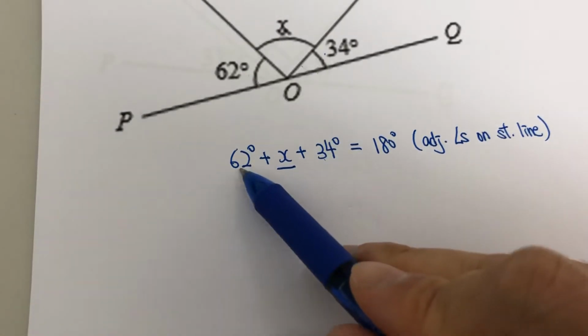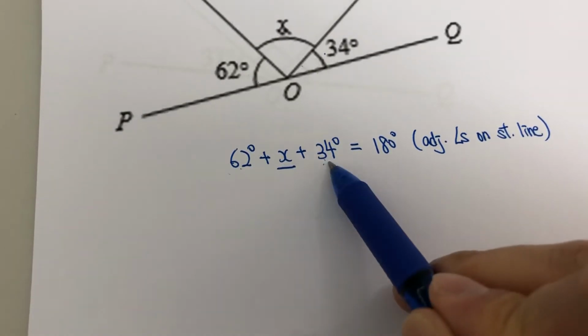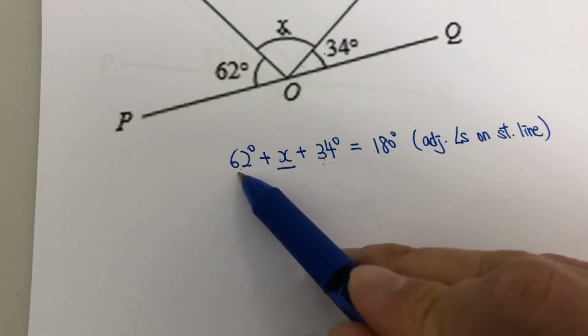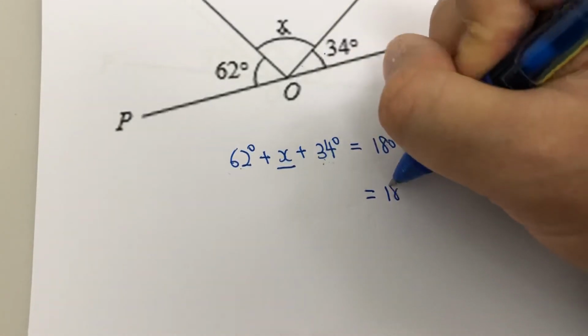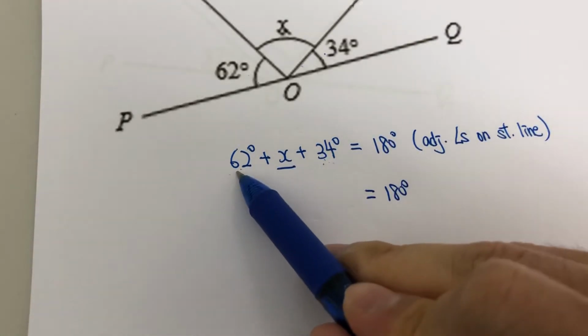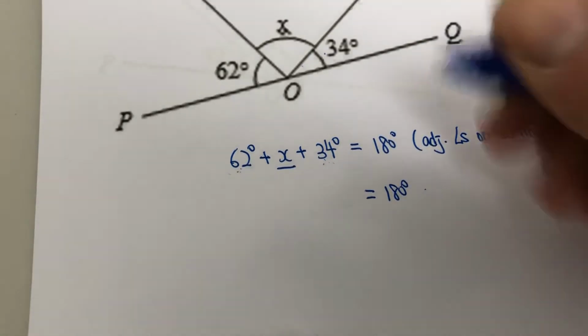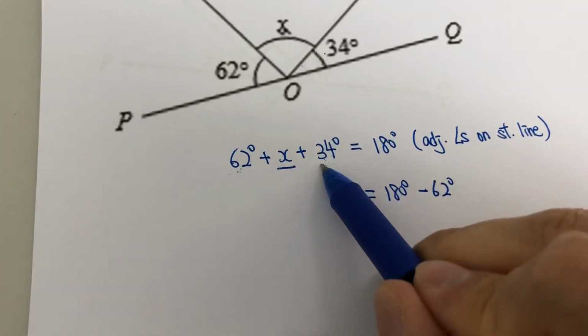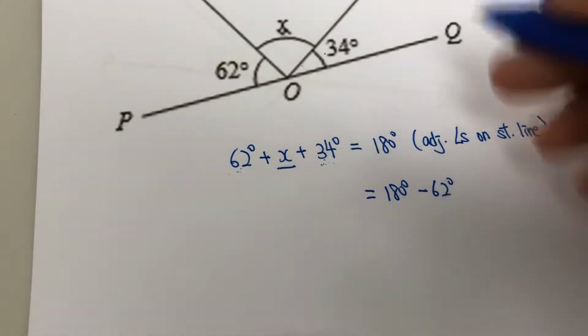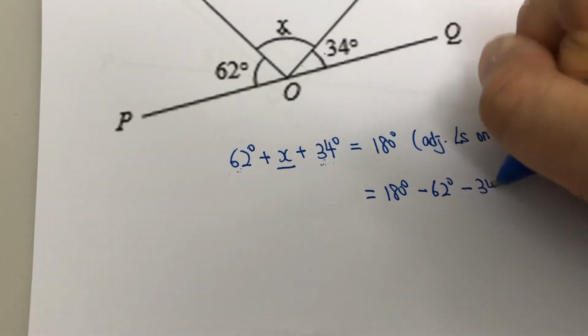Therefore, we have to try to get rid of these two numbers, 62 degree and 34 degree. Let's try to move them to the other side. 62, when you move it to the other side, it becomes negative 62 degree. And positive 34, when you move it to the other side, it becomes negative 34 degree.